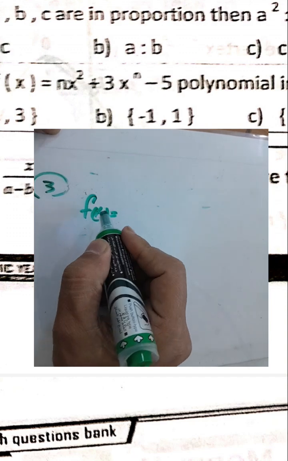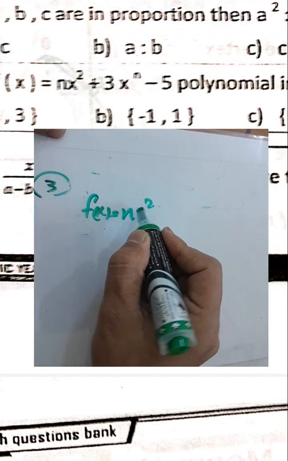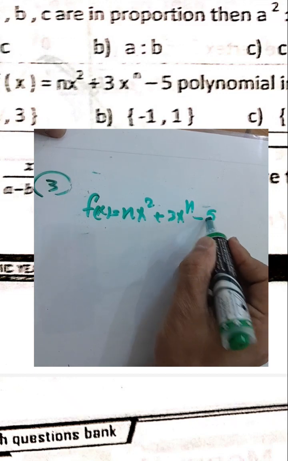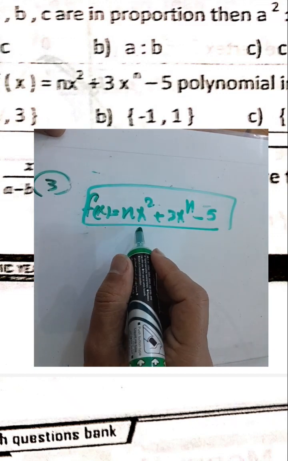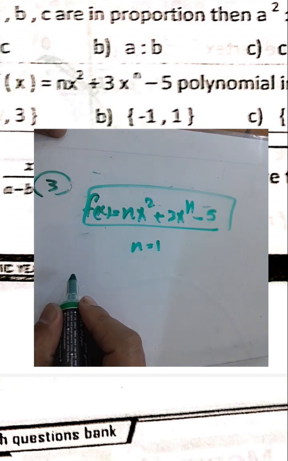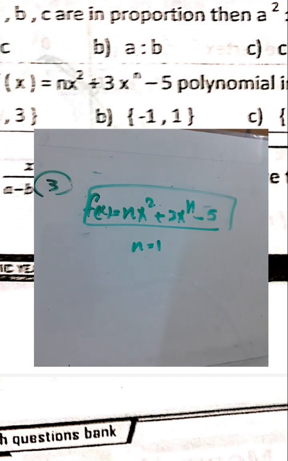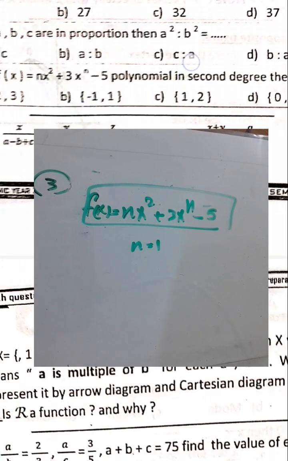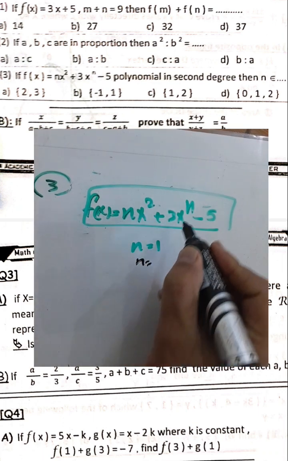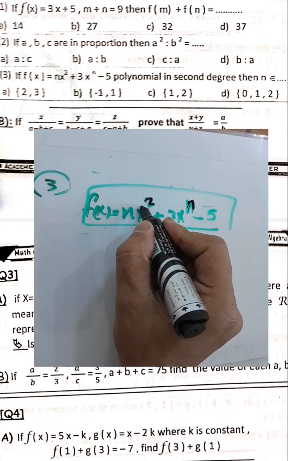It's not clear with me, okay? Pay attention. It's second degree. It means n here will be equal 1. Okay, second degree. You want to find what? Polynomial. It means this function has a lot of terms, and in second degree, then n will be equal 1, or n we can write here 1.